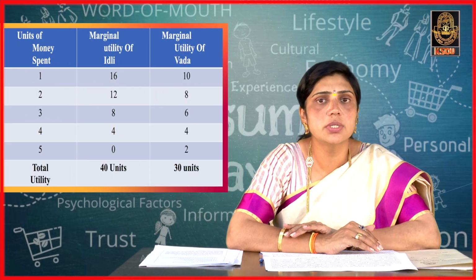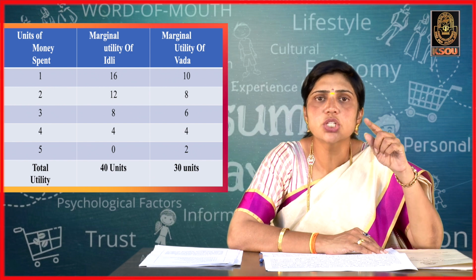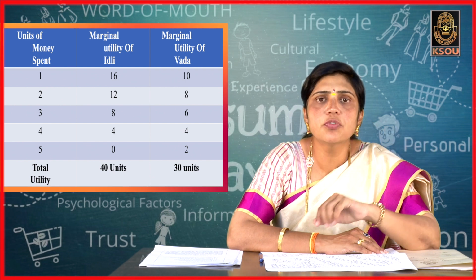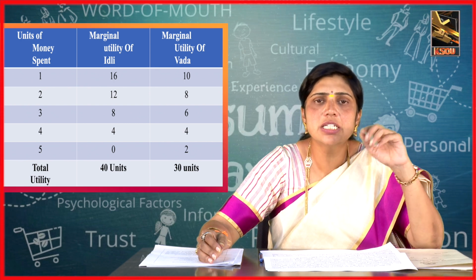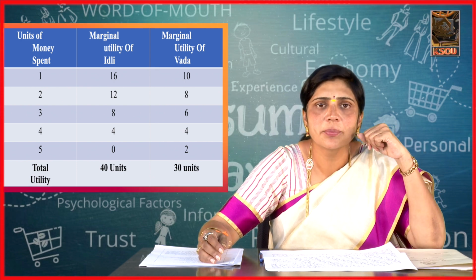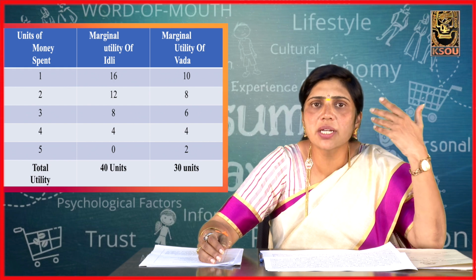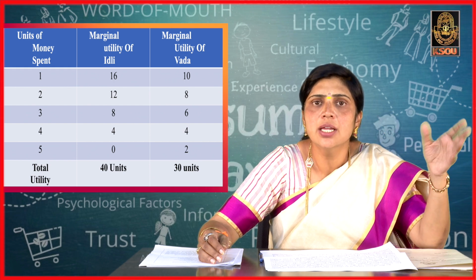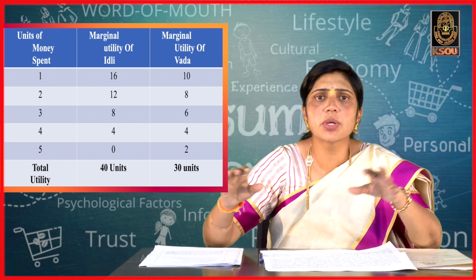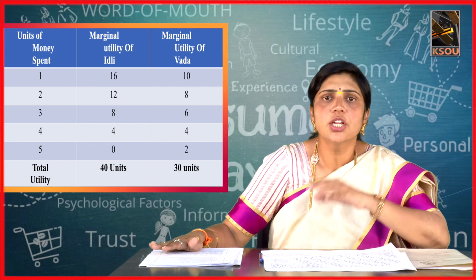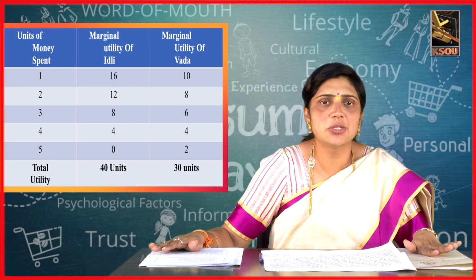The table shows how much utility the consumer derives when he spends his entire income of 5 rupees either on idli or on vada. If our consumer spends his entire income on idlis, he will get 40 units of total utility. If he spends his entire income on vadas, he will get 30 units.